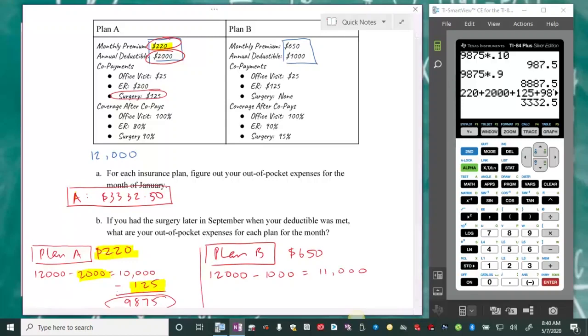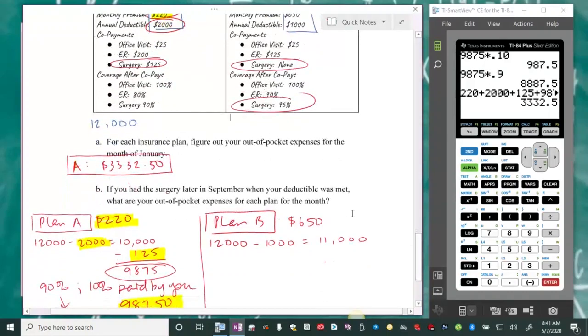I'll go back through and highlight what our expenses are. Let's see, for surgeries, there is no copayment. But they do cover, it's kind of nice, right? They cover 95% of the balance. So of this 11,000, which is now the balance, 95% is paid by insurance. So I can take that 11,000 and multiply that by 95%, times 0.95.